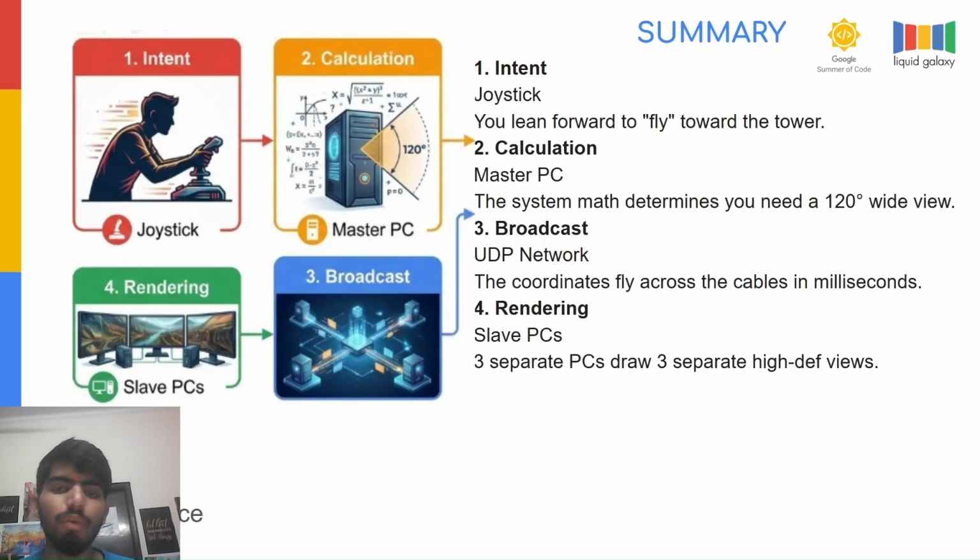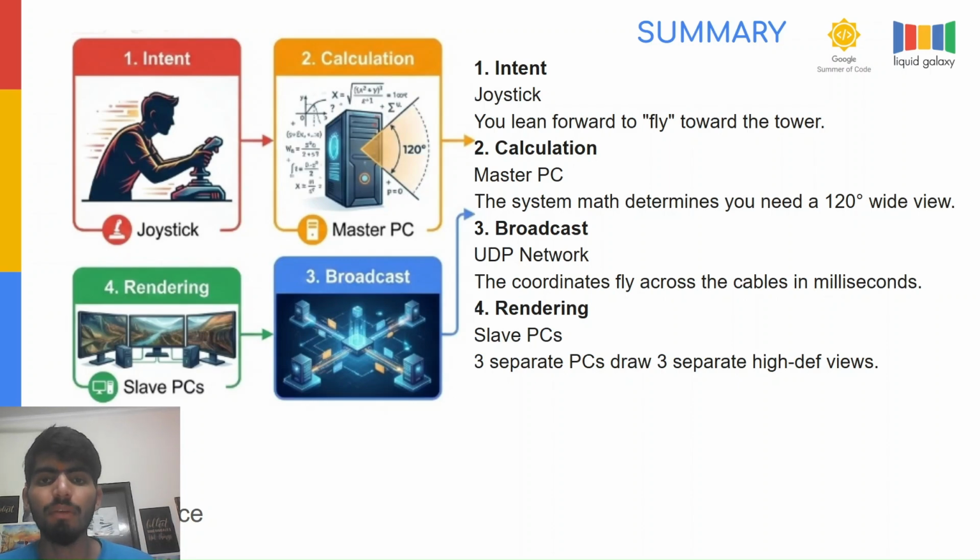Now, if we try to connect all the information, as we can see in the visual, the intent is taken from the user, basically with a joystick or a Flutter-based app. The data from the joystick goes first to the master.